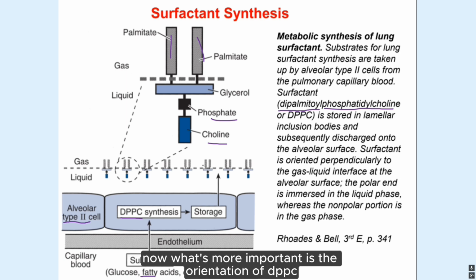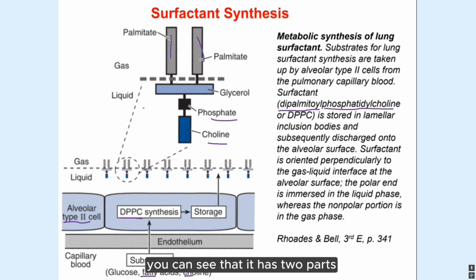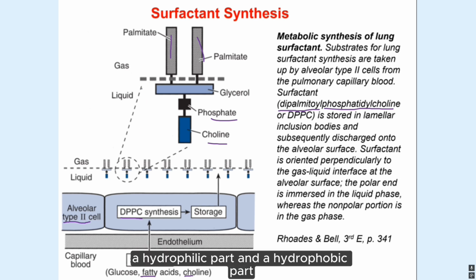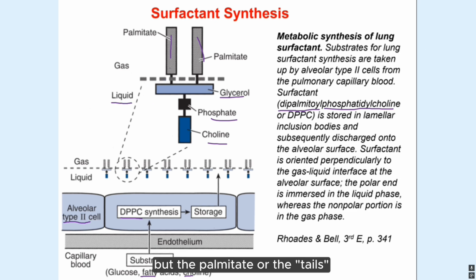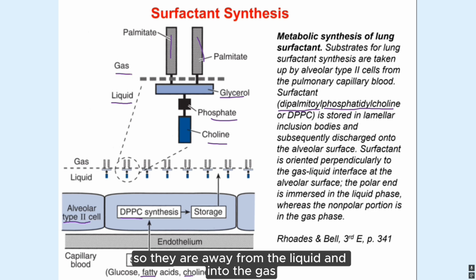Now, what's more important is the orientation of DPPC. You can see that it has two parts, a hydrophilic part and a hydrophobic part. The hydrophilic part is the glycerol and the phosphate and the choline. So you can see they are in the liquid under the water. But the palmitate tails are hydrophobic. They hate water, so they are away from the liquid and into the gas.